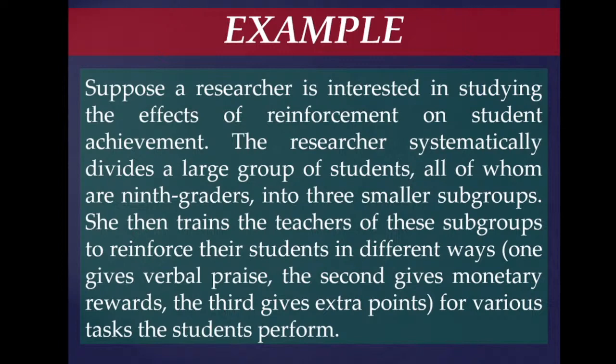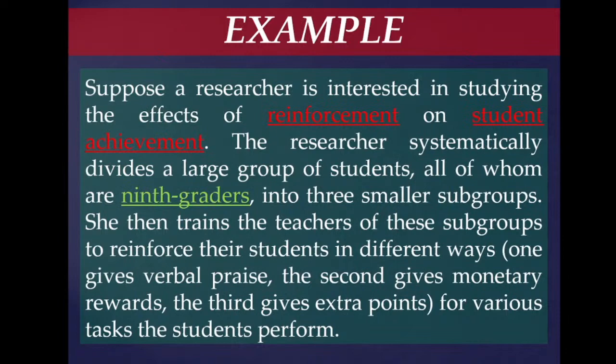There are two variables involved in this situation. Which are those? Your answers are correct if they are reinforcement and student achievement. Why reinforcement? It is because in this example, the researcher tried three kinds of reinforcement, if you can still remember from the example.